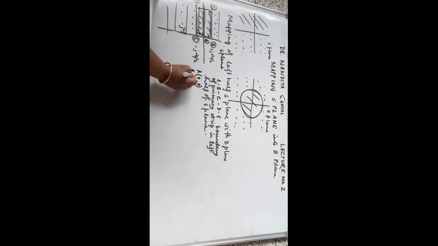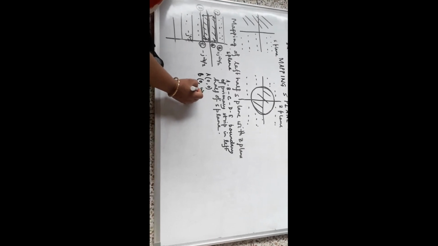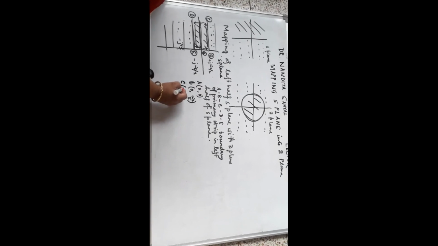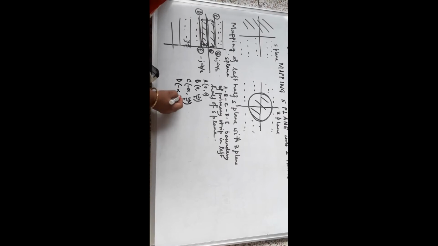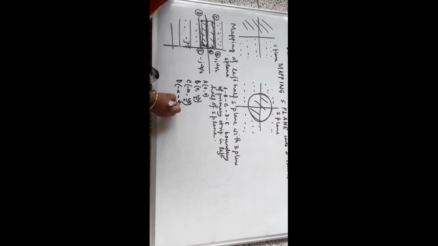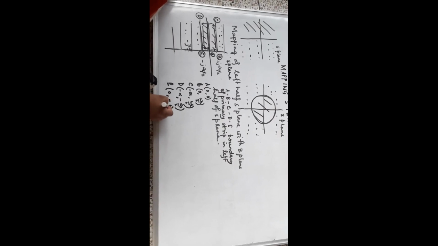For B, the coordinate is 0, omega s by 2. For C, it is minus infinity, omega s by 2, and the coordinate of D is minus infinity, minus omega s by 2, and the coordinate of E is 0, minus omega s by 2.